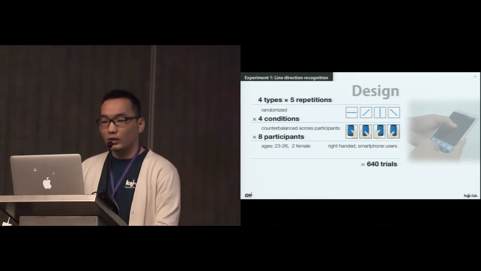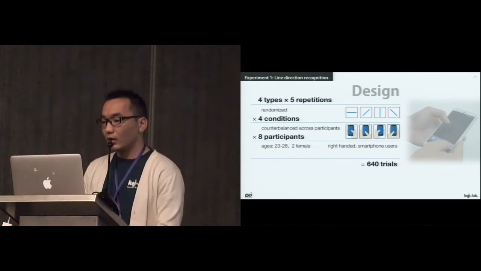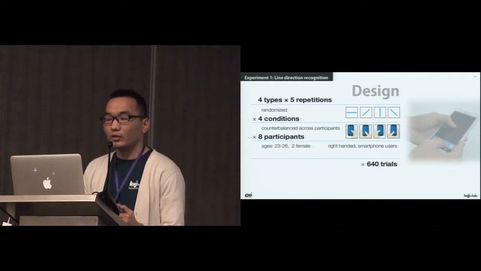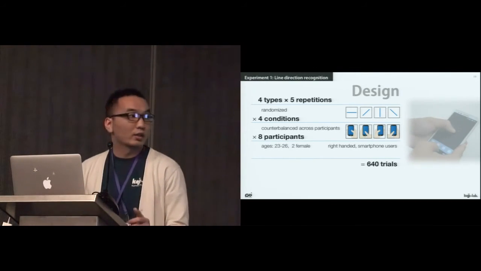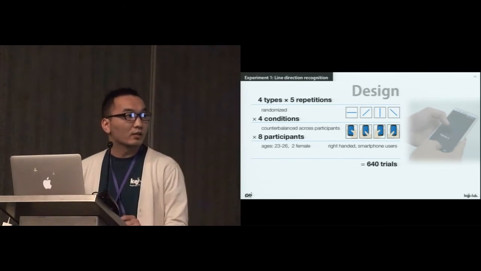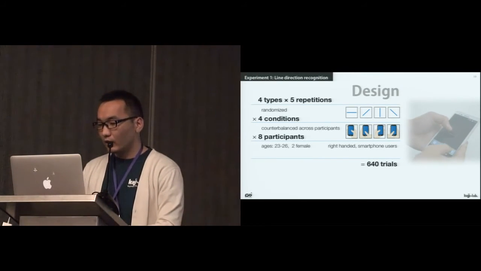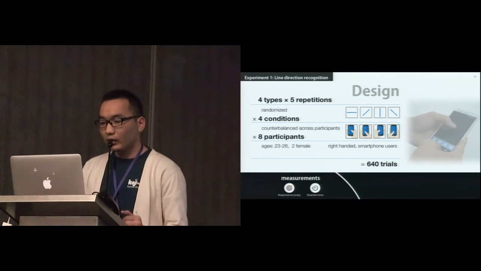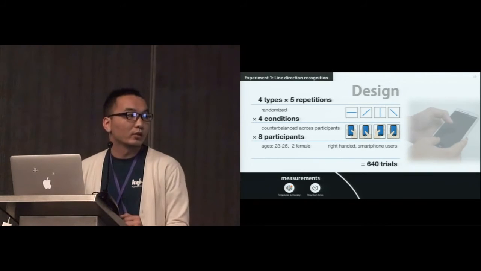There were a total of 640 trials. The participants practiced for about 2 minutes prior to the experiment. During the experiment, shapes were not shown on the screen, and the video shows the experiment procedure. Then we measured the response accuracy and recognition time.